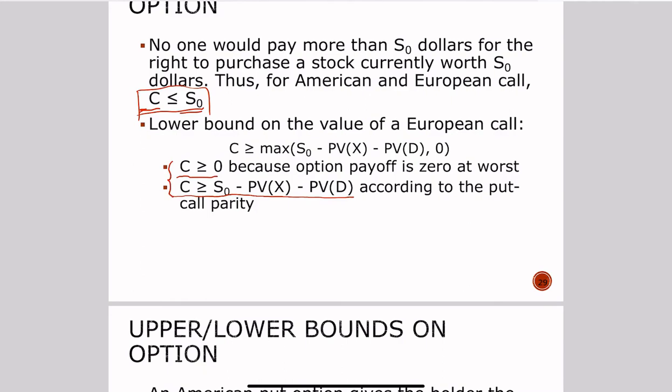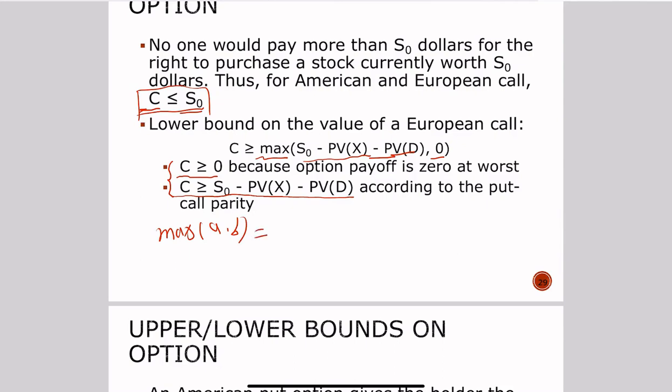And we could actually write this in a more compact form, using the max sign. That is, C has to be larger than the max between these two values. I hope you have some basic understanding of how this max sign works. For example, what is max(A, B)?